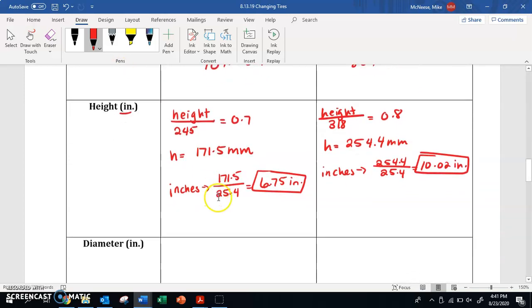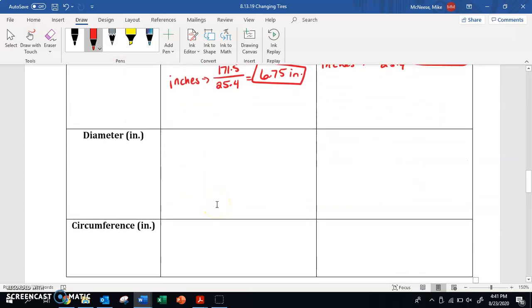And the next part we've got is diameter. So we've got the diameter of the tire. Imagine it like this: we've got the rim and then the tire around it, and they're asking us to find the diameter of the entire thing. So we've got to combine the diameter of the rim plus the height of the tire on this side and this side. We're going to have to add the rim diameter and the tire height twice.